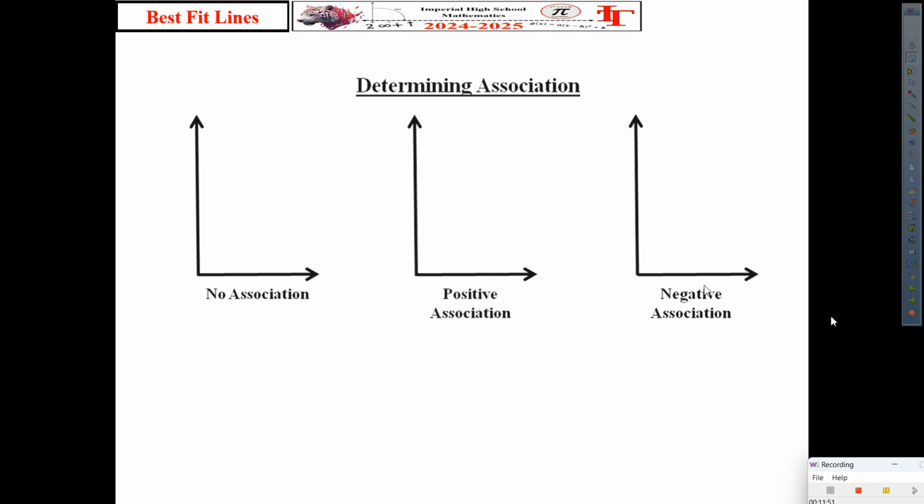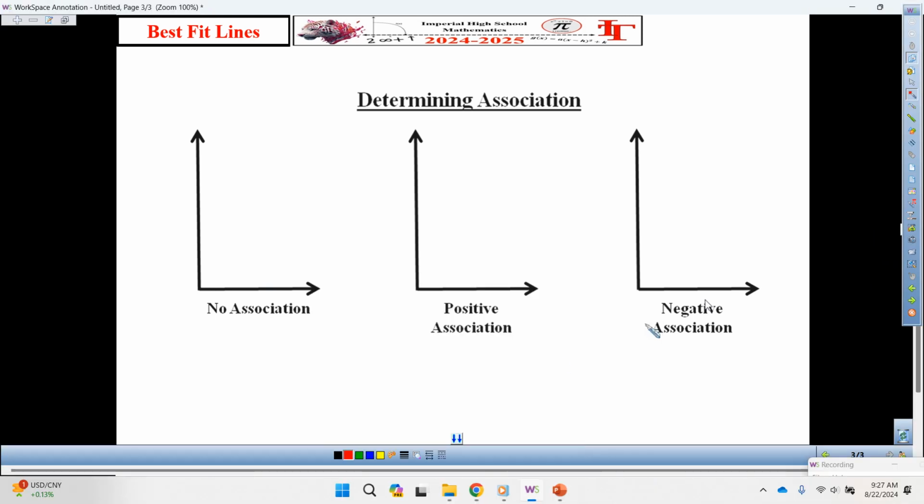Don't copy that, you're just paying attention. Either they have no association, they have a positive association, or they have a negative association. So let me show you what no association looks like. I start plotting points according to the data that I get.